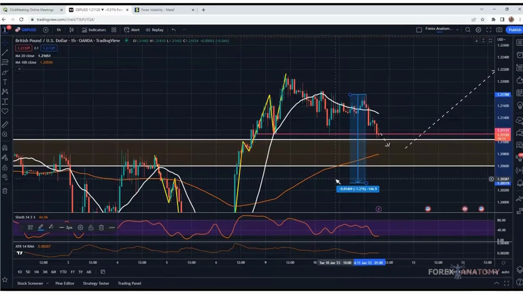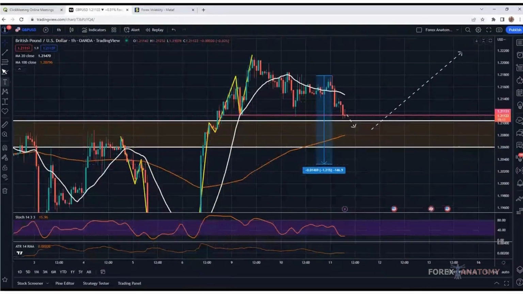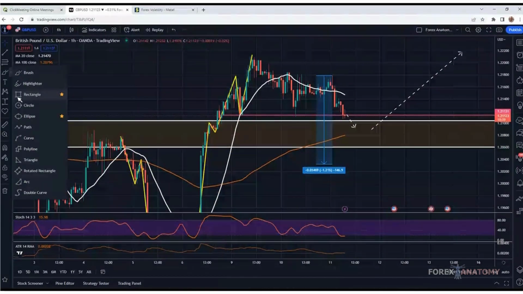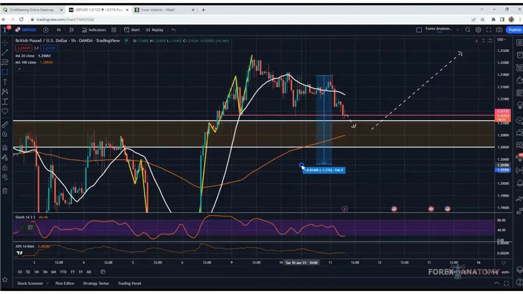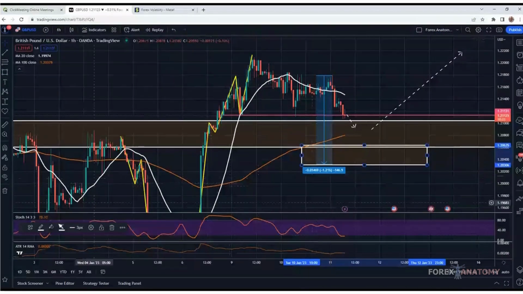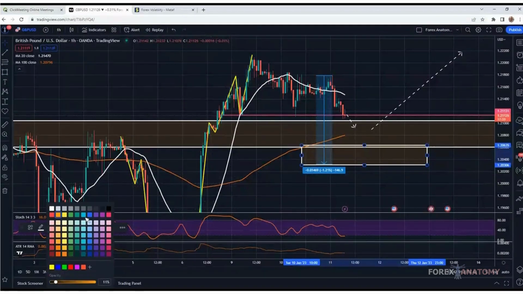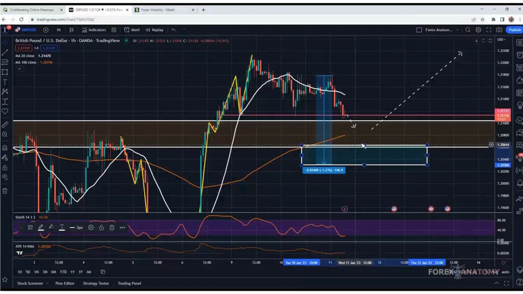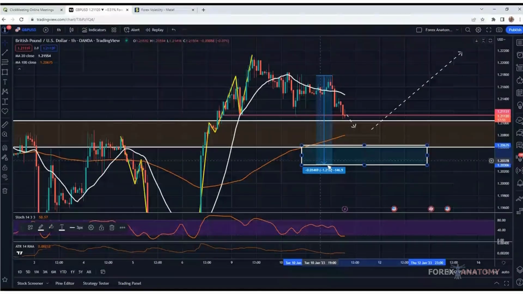So then what we can do, we can identify a zone where price could find some support. So let's draw in this special zone from this area right here all the way up to the lows of this range right around here. This is where price could potentially go. So we'll have this right here.